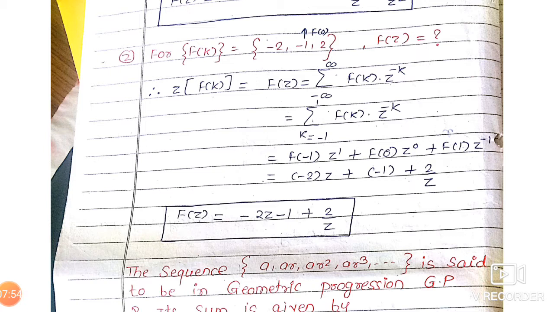Now let's substitute the values of f at minus 1, f at 0 and f at 1. So that is minus 2z plus minus 1, z raised to 0 becomes 1, and the last term 2 upon z, since z raised to the inverse can be written as 1 upon z. So f of z we are getting is minus 2z minus 1 plus 2 upon z. So this is the Z transform of the above sequence.